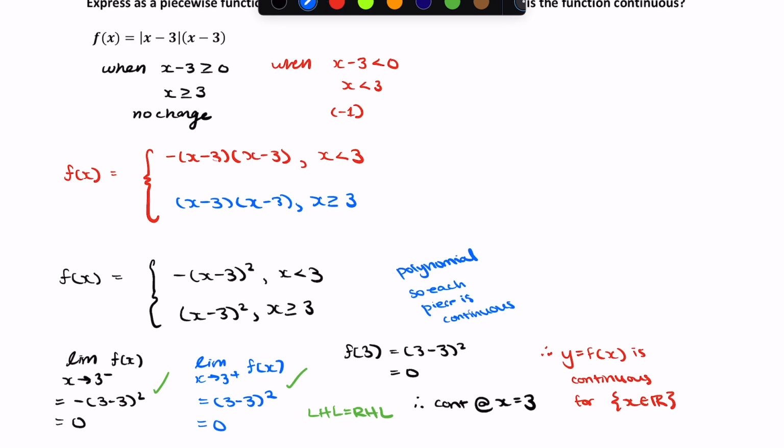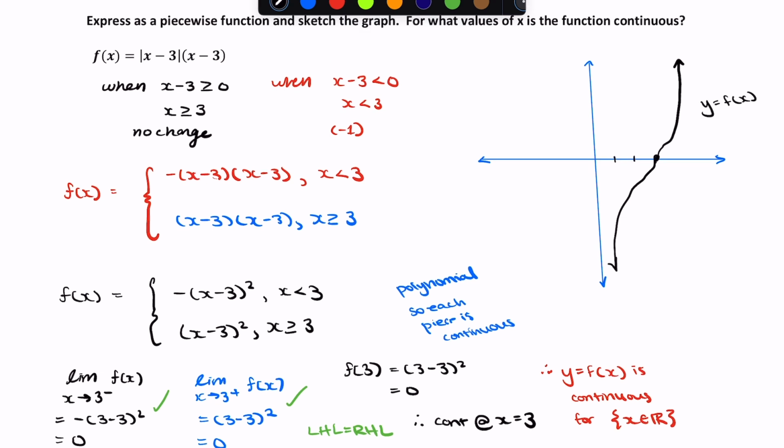Okay, and so if we draw our graph, so here if we draw our graph again, so at 3, and so here we'll go down, and oh look, something like that.